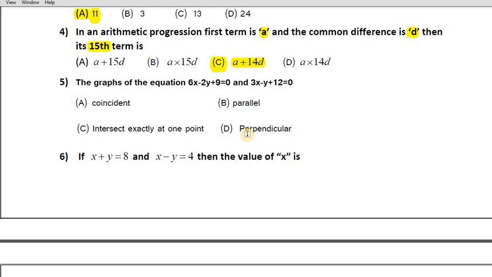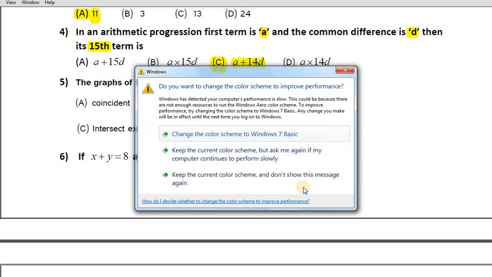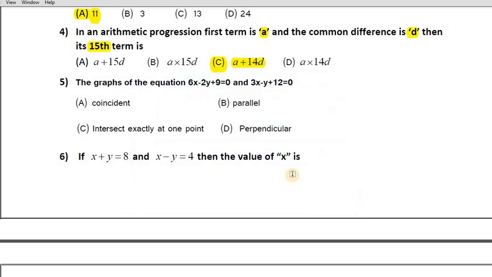So for that here you wanted to find the ratios of a1 by a2, b1 by b2 and c1 by c2. Let's find a1 by a2: 6 by 3 means we'll get 2. Next minus 2 by minus 1 means again we'll get 2, and 9 by 12 means we'll get 3 by 4. Here a1 by a2 is equals to b1 by b2 and b1 by b2 is not equals to c1 by c2. Hence here the correct option is B, parallel lines.